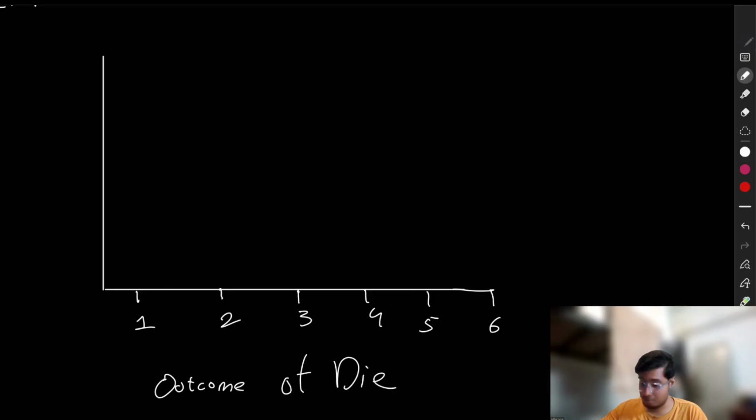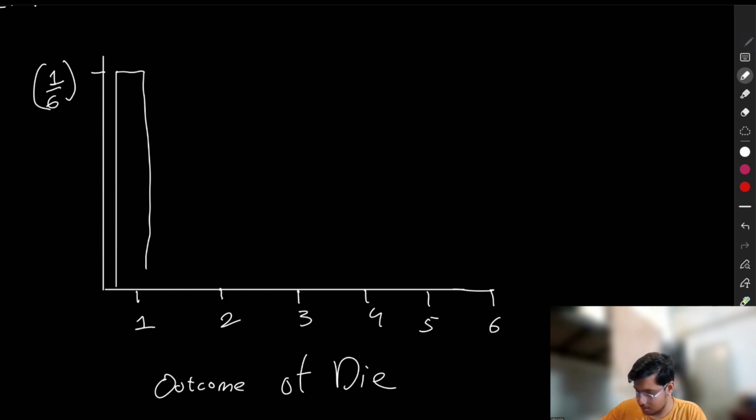The y-axis is the probability of the outcome. So what is the probability that we roll one die and the outcome is 1? 1 by 6. What is the probability that the outcome is 2?